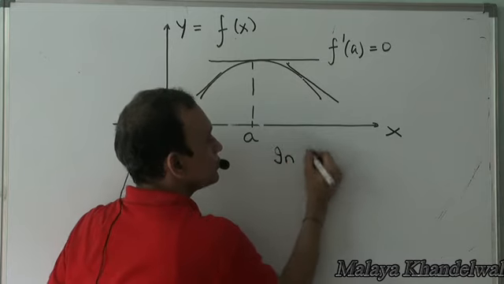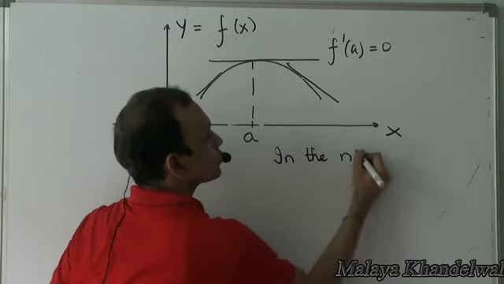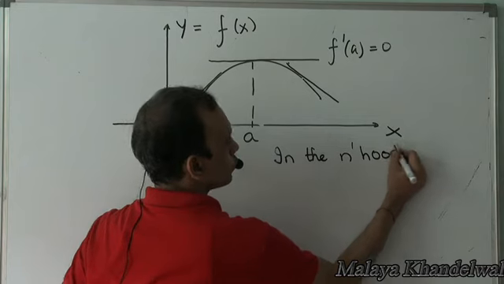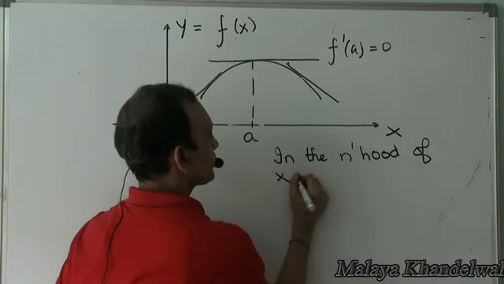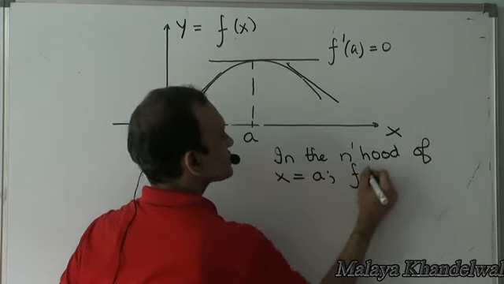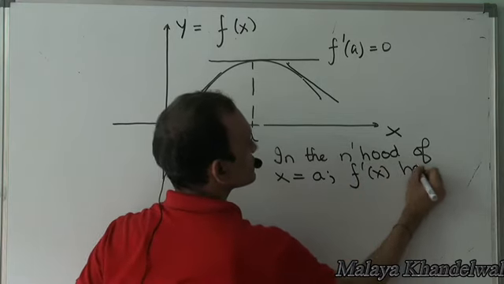In the neighborhood of x equal to a, f dash x has opposite signs.